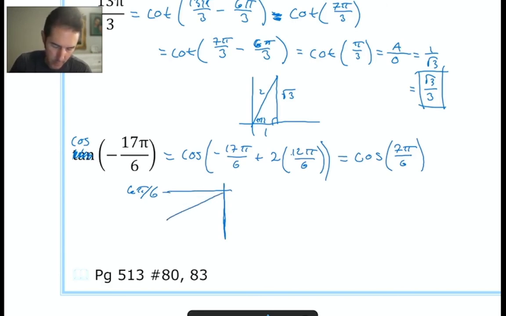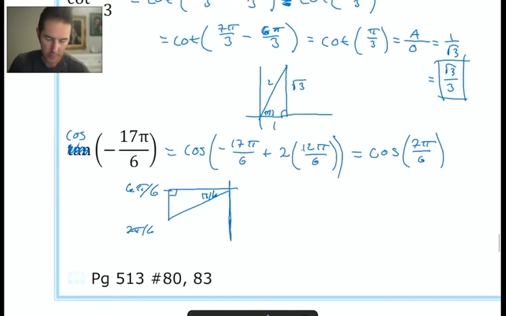That'll do. And then I will draw my leg up to the x-axis to make my right angle. This is 7 pi over 6, which means that our reference angle is pi over 6.